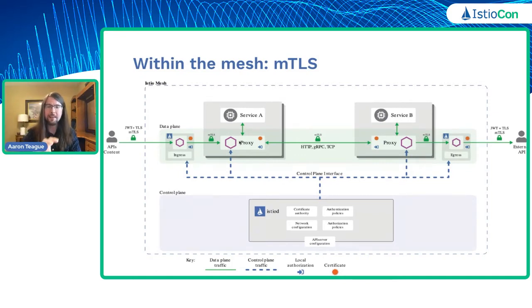They are sidecar containers, proxies that Istio is able to take control over. With that, it's able to give them policies: what are they allowed to do? What are they authorized to do? That is authorization policy.